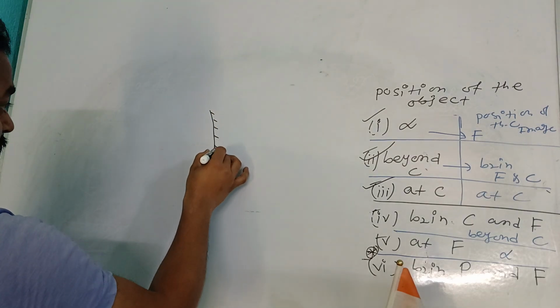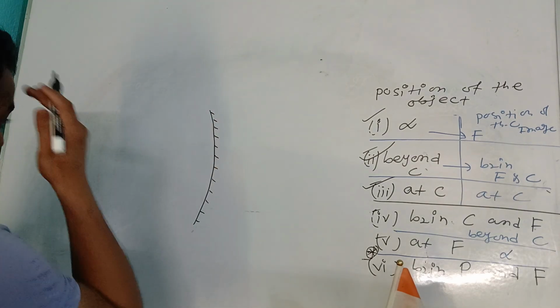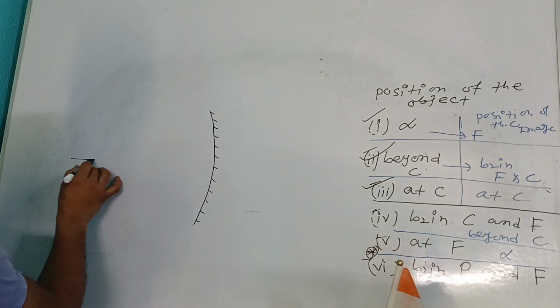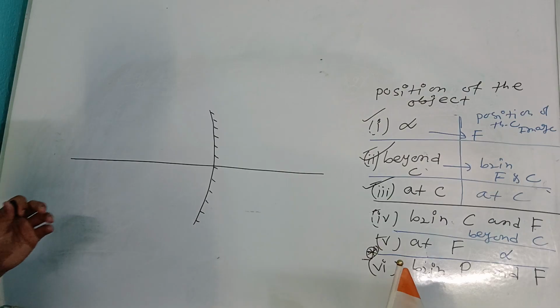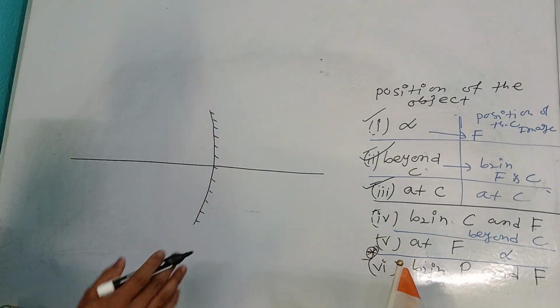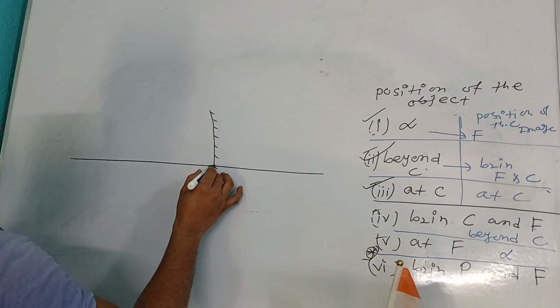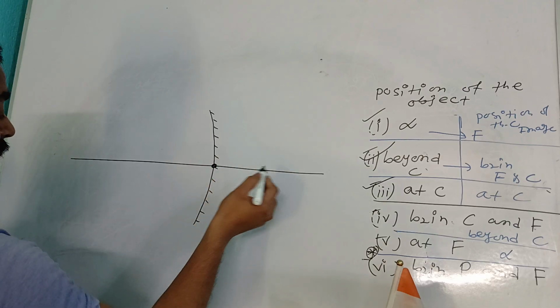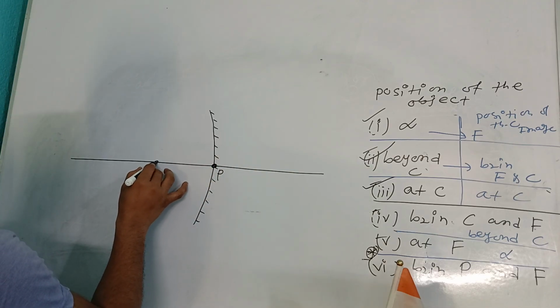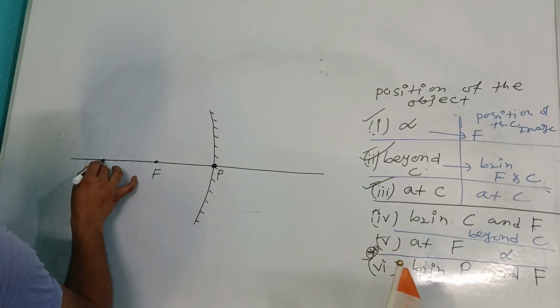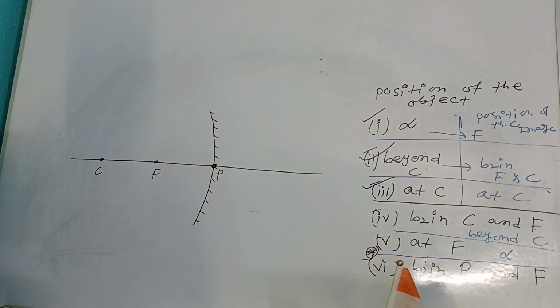Now this is the principal axis. Okay, I am just extending this one because there is one reason. I said P because we are drawing the diagram. So this is P. Consider this is the focus and this is the center of curvature.